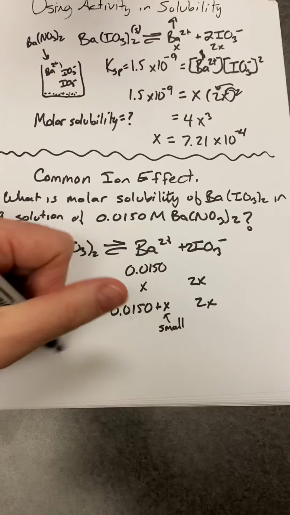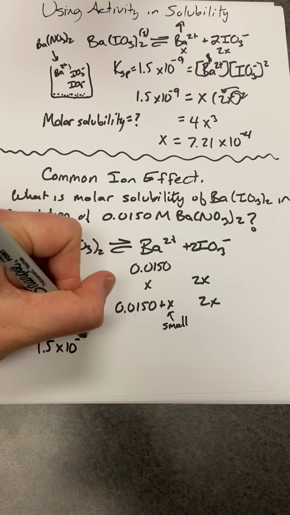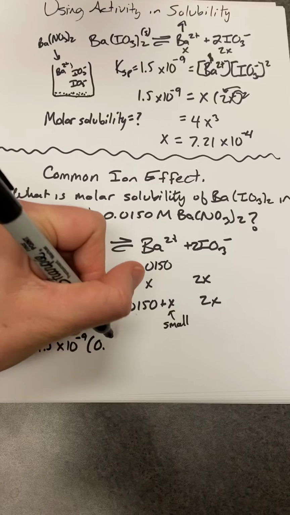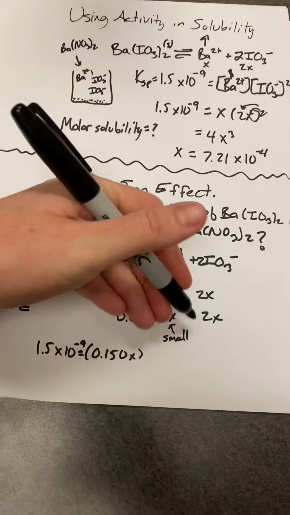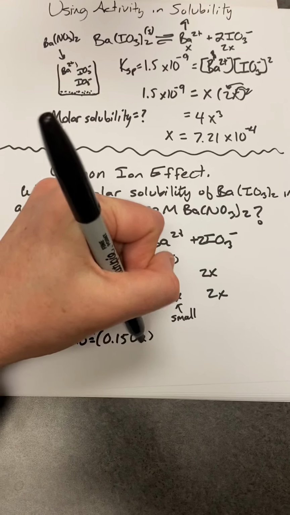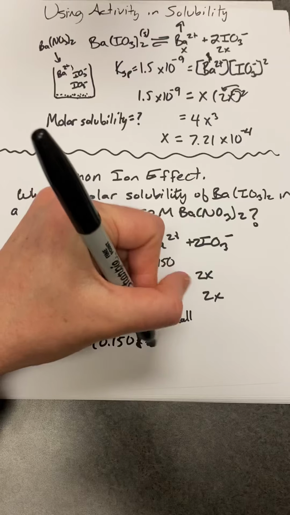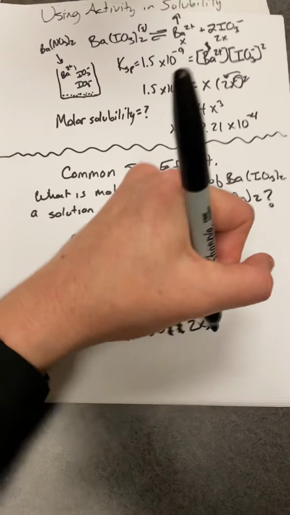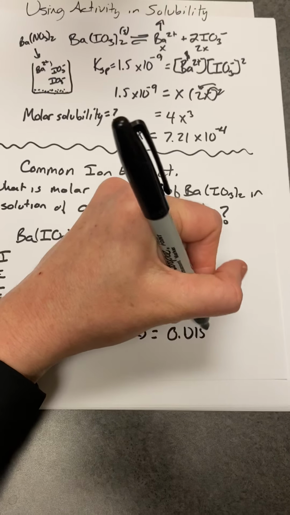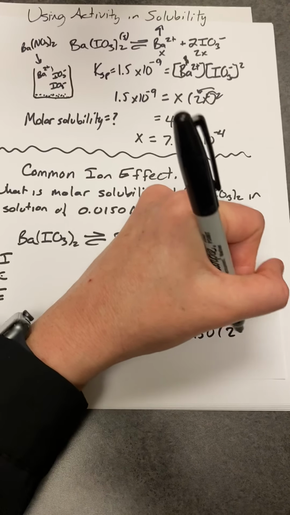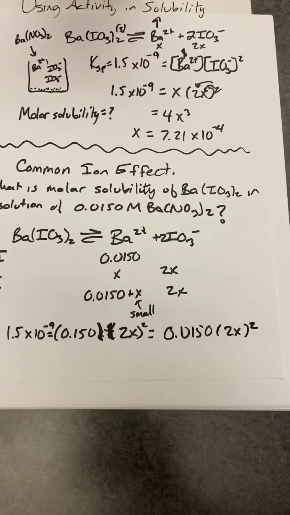So now we can go ahead and solve for this. Our Ksp again is 1.5 times 10 to the negative 9, and it's equal to 0.0150 times x. Or excuse me, 0.0150. I can do it. Times 2x. Let me go ahead and write that again so it's a little prettier. 0.0150 times 2x, and that should be squared.